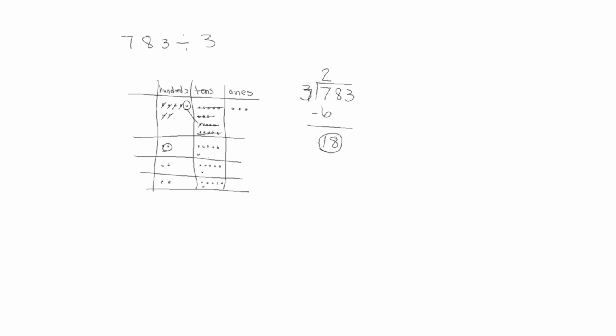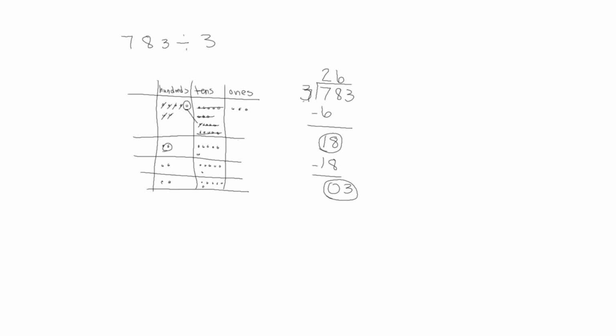So I've used 6 tens in each group, so I'm going to record that here. I used 6 tens in 3 groups, so I used 18 tens, which left me with no tens left. Same as here, I have no tens. So I add the no tens I have with the 3 ones that I have left.